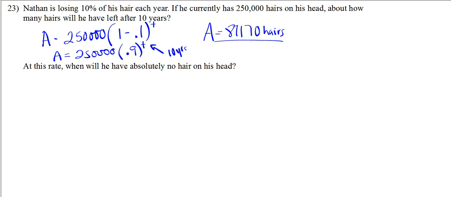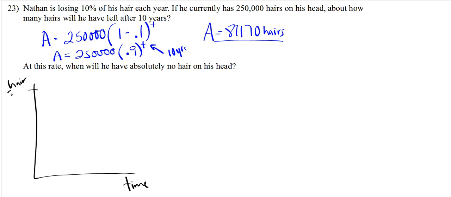Now this question at the bottom, I don't want to gloss over it because it's a really good question that has to do with the domain of this function, the concept of losing some amount exponentially. At this rate, when will he have absolutely no hair on his head? So what are you going to put in? You would put in a 0 for A, right? So let me throw a graph up here for you.